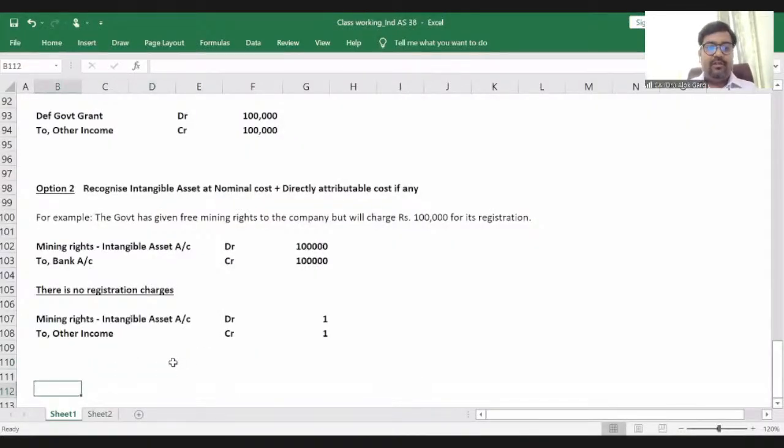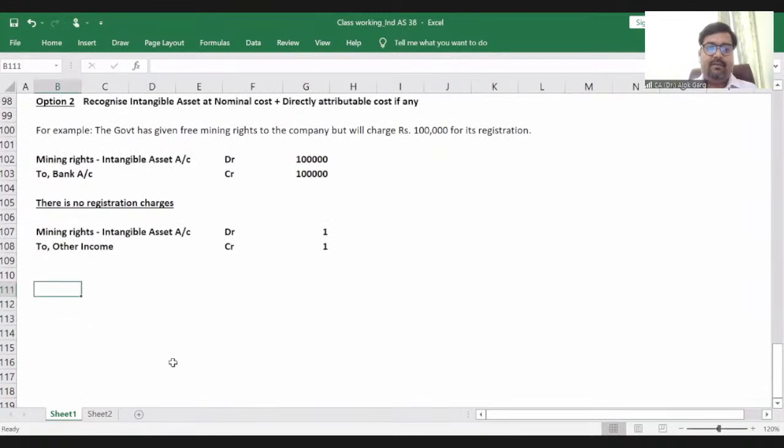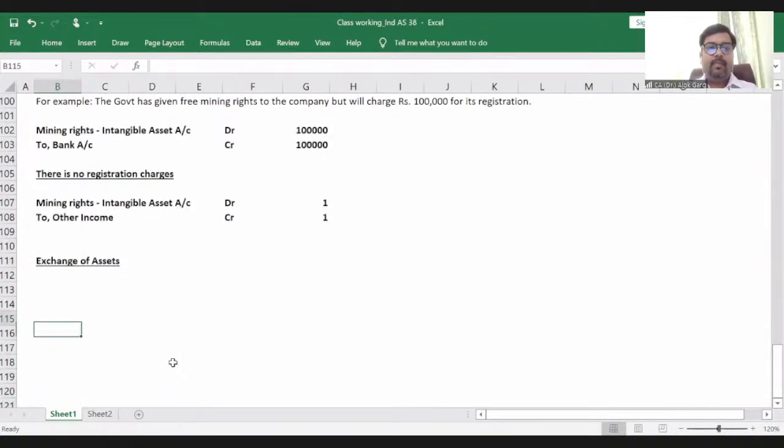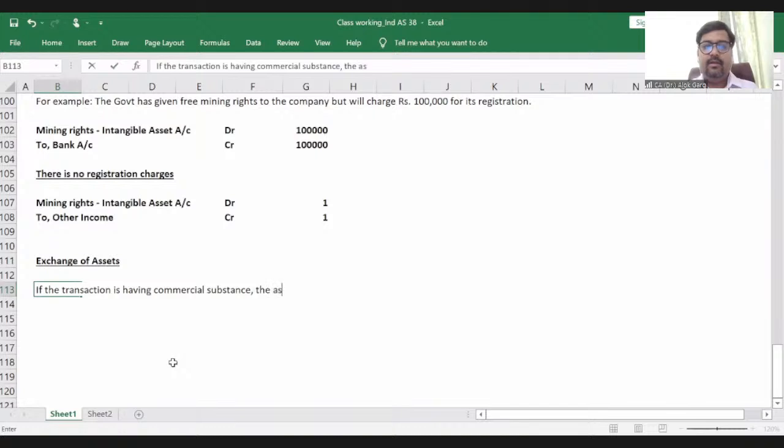So in case of exchange of assets, let me put it in the Excel file as well, because you will get the Excel file. Exchange of assets: if the transaction has commercial substance, then the asset acquired will be recognized at a value in the descending order.